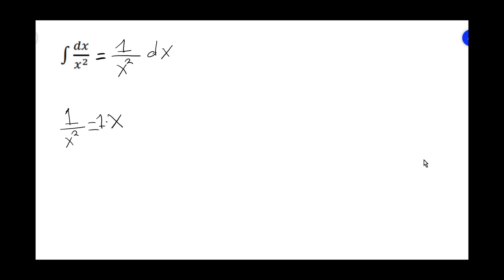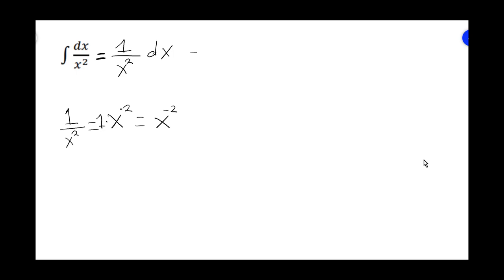So instead of 2, it's going to be minus 2. And we know that this is equal to x minus 2, and voila, here we can apply the power rule. So this is the advantage of this radical rule that we can use here.